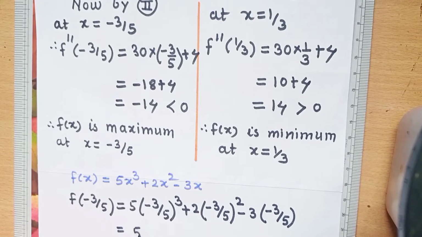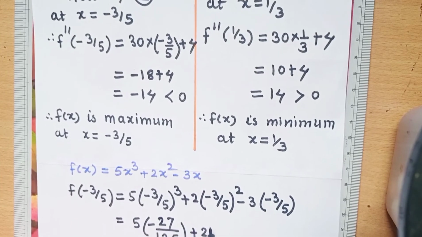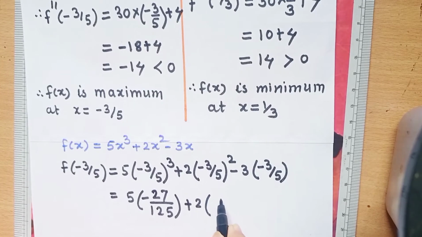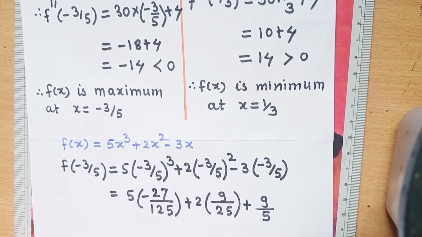On simplifying, this is minus 27 upon 125, then plus 2 again upon 25, and minus minus plus 3 3s are 9 upon 5.